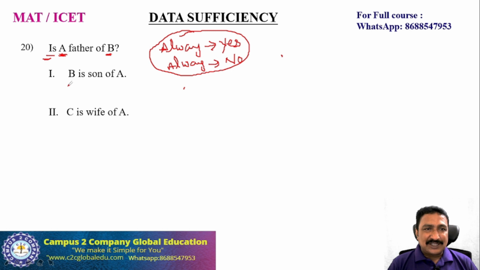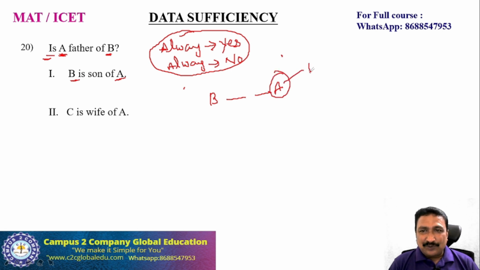Now come to the first statement. B is the son of A. Now look at the question: is A the father of B? They are asking about A to B, and the first statement says B is the son of A. Here we don't know A's gender exactly.